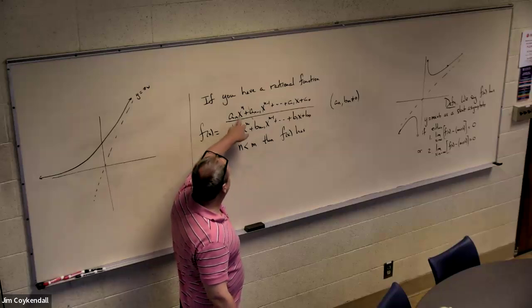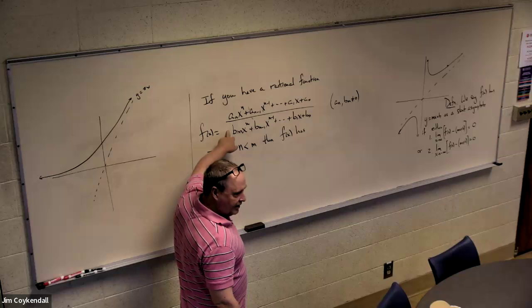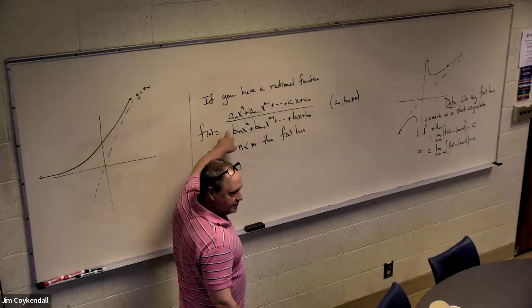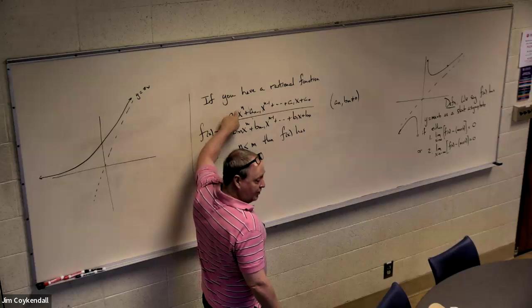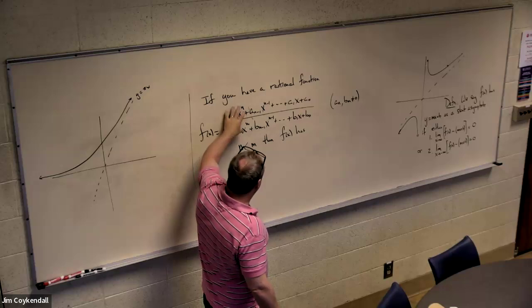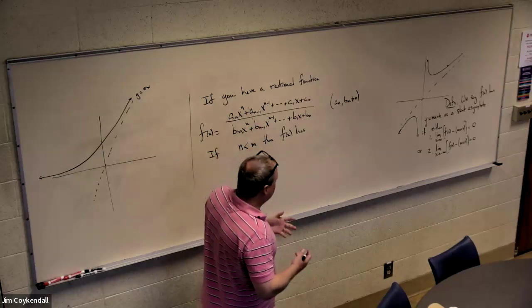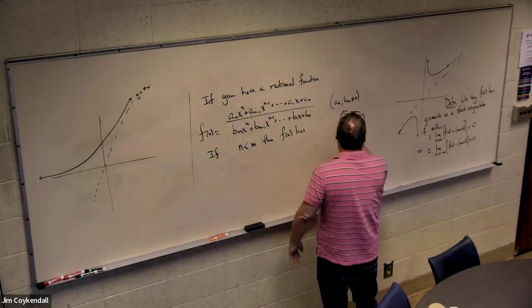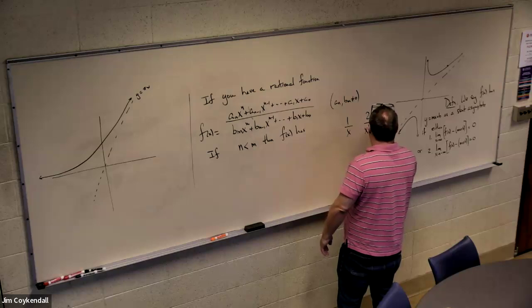If the degree on the top is less than the degree on the bottom, what happens to the limit of this as x goes to infinity? So what if you have something like 1 over x, or 2x squared over x cubed plus 7?